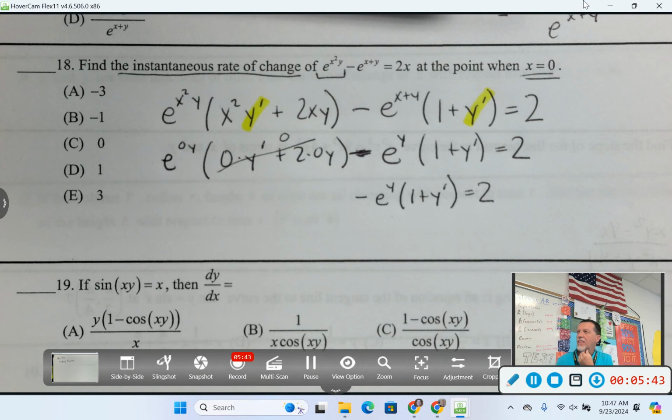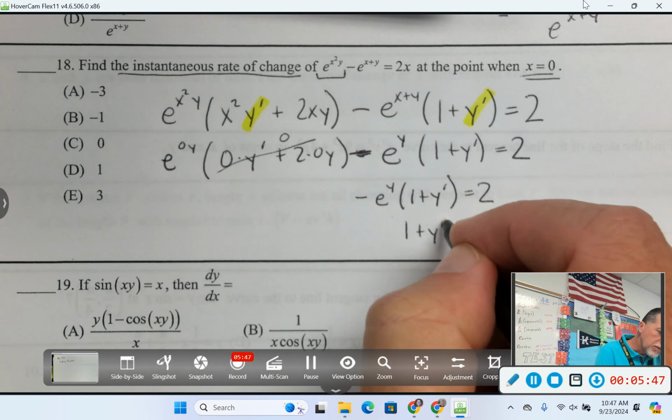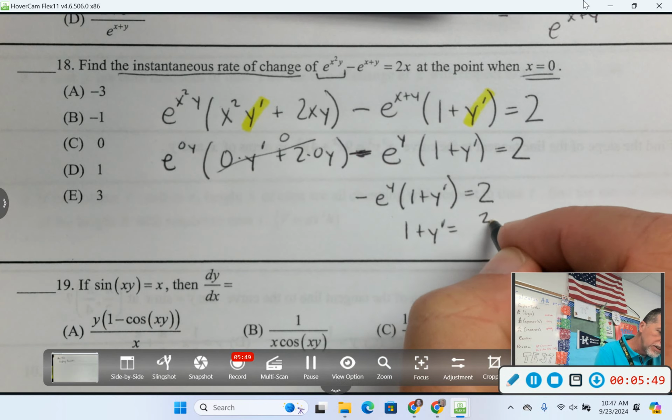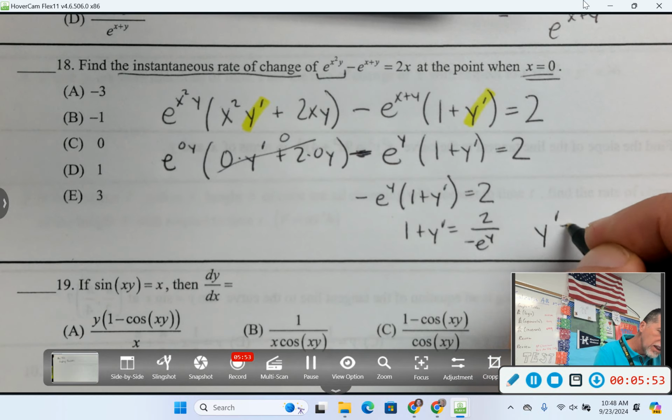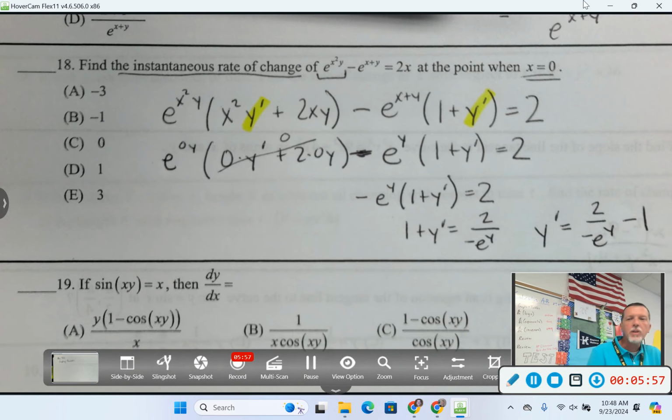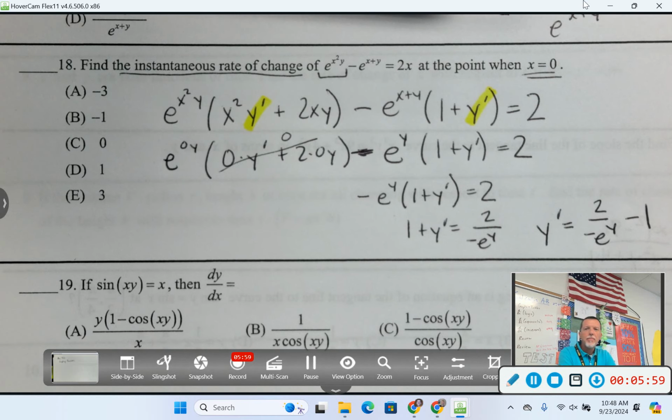So I'm still not there yet. Let's solve for y prime. 1 plus y prime equals 2 over negative e to the y. So y prime is 2 over negative e to the y, minus 1. Still not it, though.